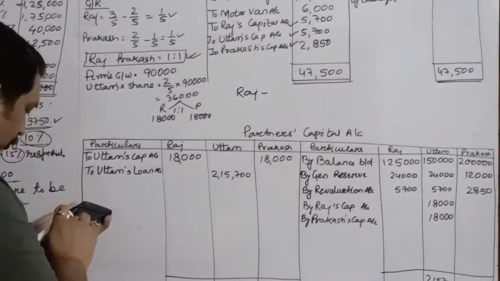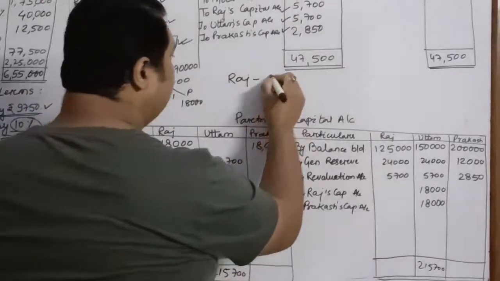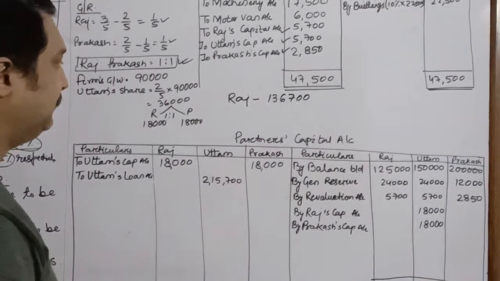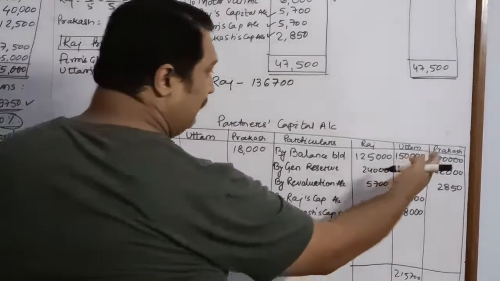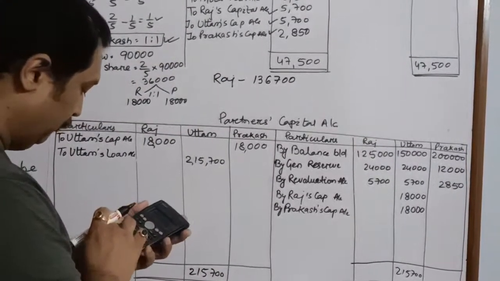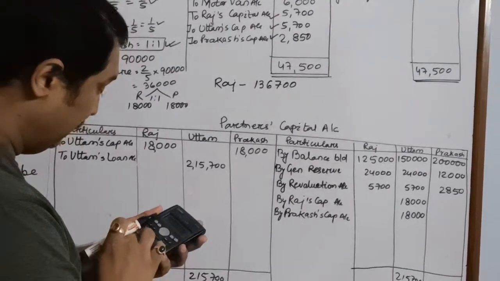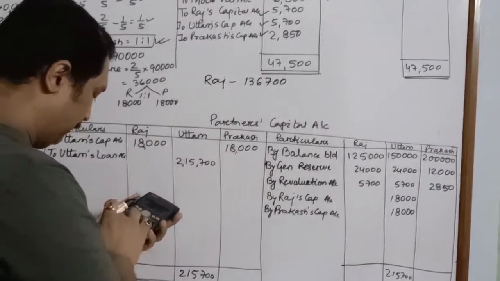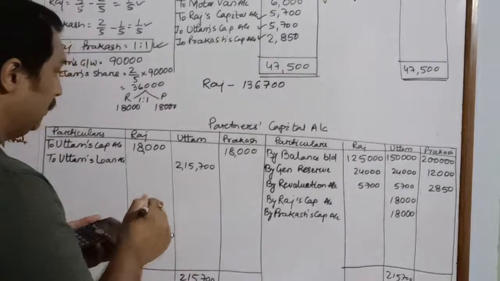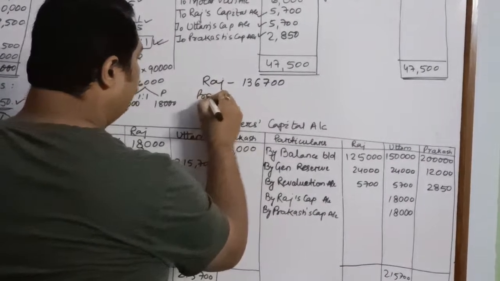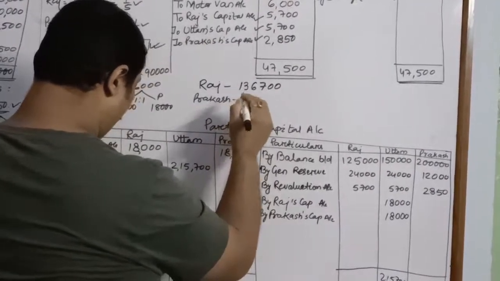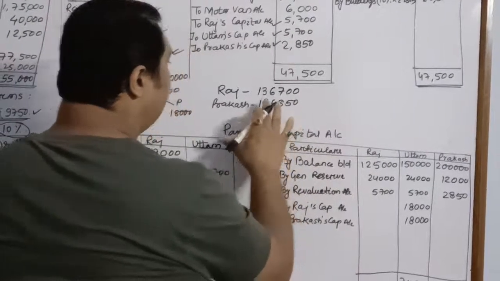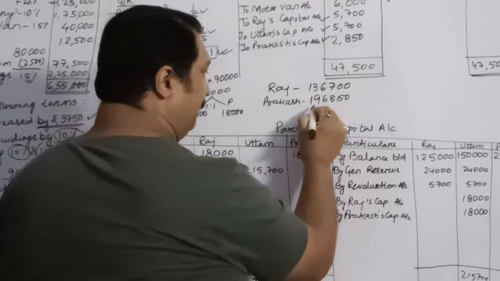So after all these plus and minus, the adjusted capital of Raj is rupees 1,36,700, and Prakash's will be 2,12,000 plus 2,850, and from that also we'll deduct 18,000, which is 1,96,850. So children, this is your adjusted capital.